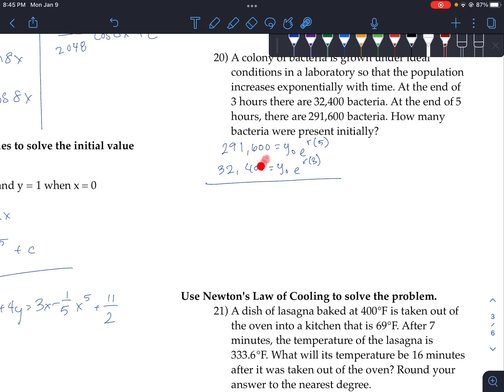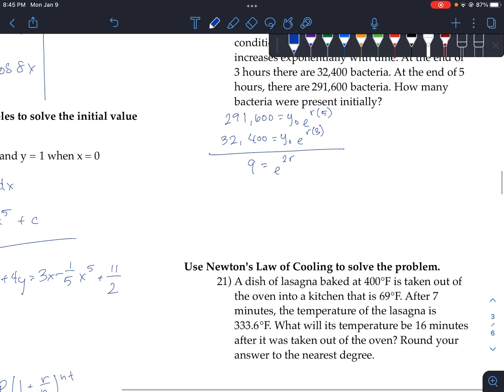Alright, so when you divide those, you should get 9. So 9 is equal to, those are going to cancel. That's going to be e to the 2r, because 5 minus 3 is going to be 2, so 2r. So it looks like we're finding the rate first, so I'll take the natural log of both sides.